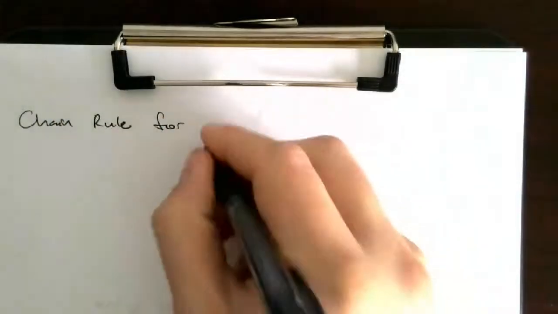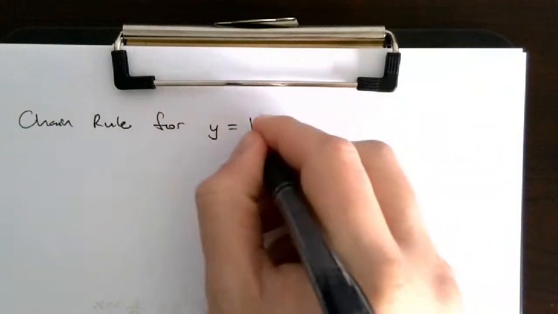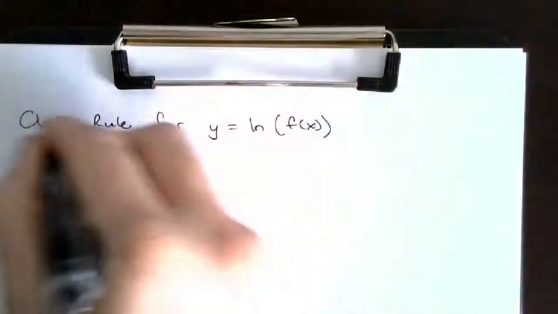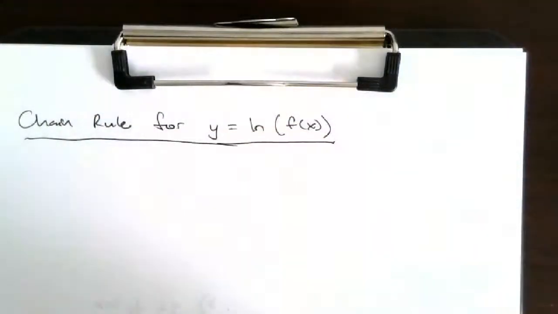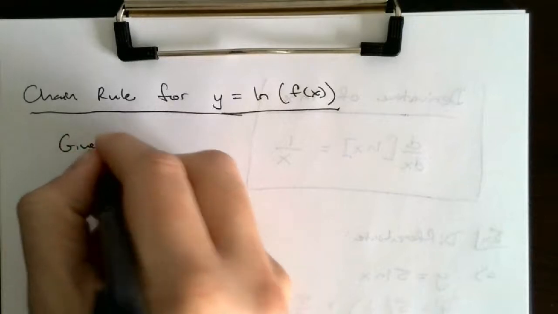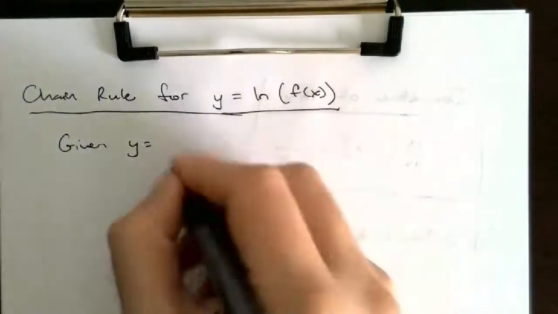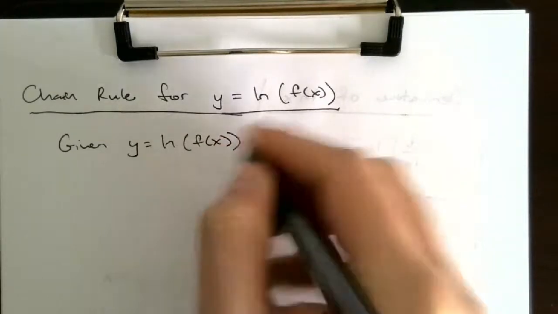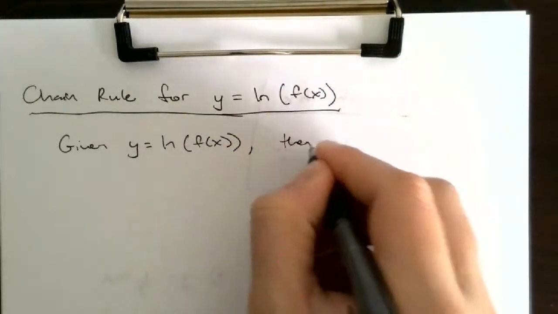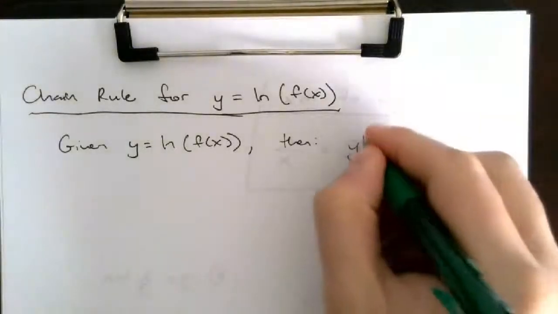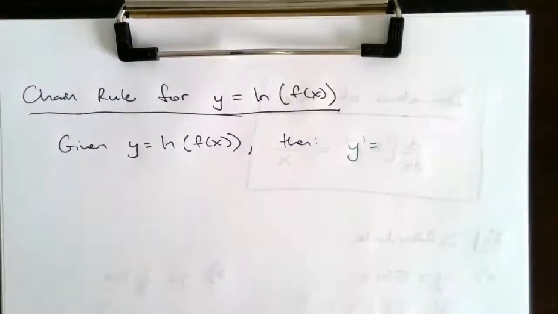So this is going to be the chain rule for y equals the natural log of f of x. Alright, so we say given y equals natural log of f of x, then y prime, the derivative, is equal to, now remember how chain rule works.